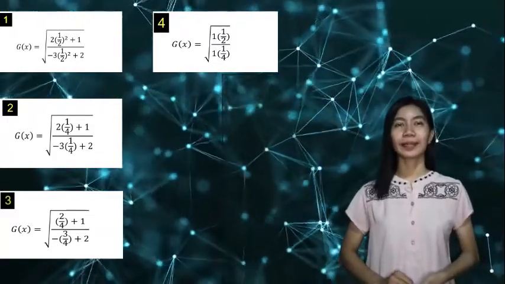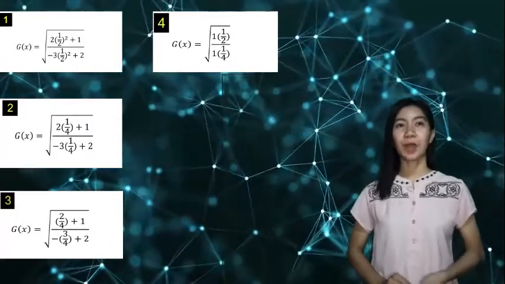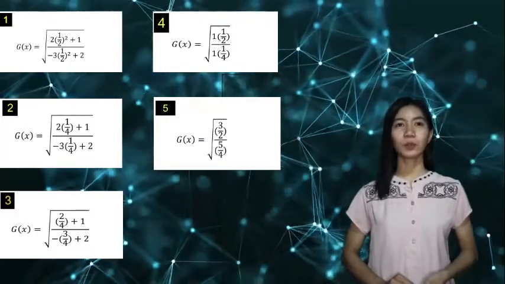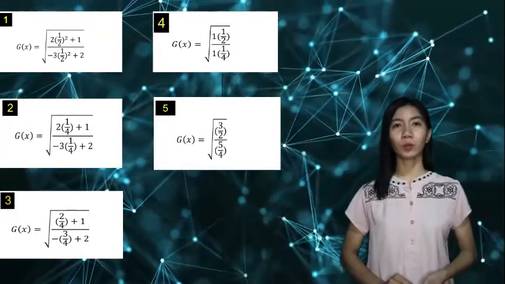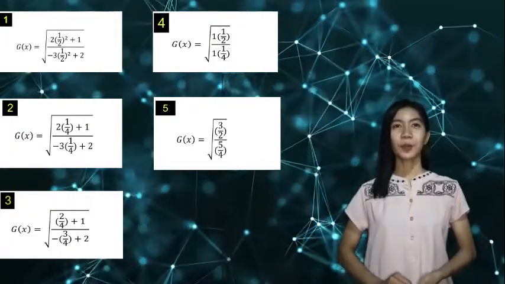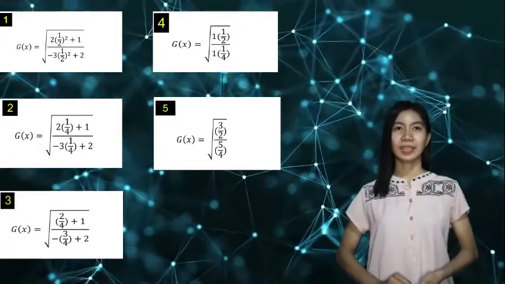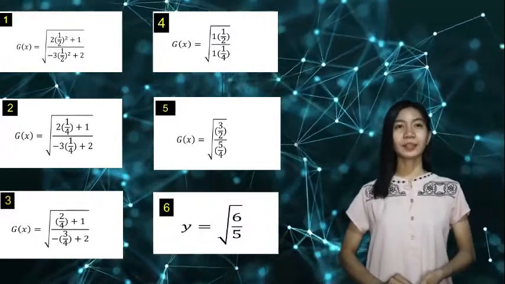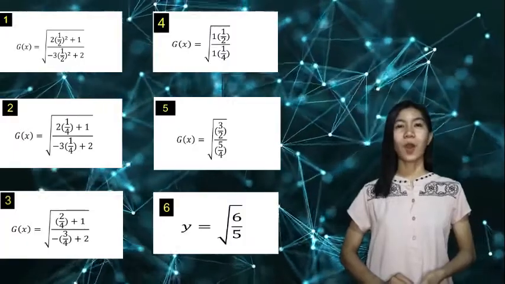Then, step 4. Convert mixed numbers into improper fractions. Then, we will have g of x equal to the square root of (3 over 2) over (5 over 4). By then, we will be able to get the quotient, and the final answer will be g of x equal to the square root of 6 over 5.